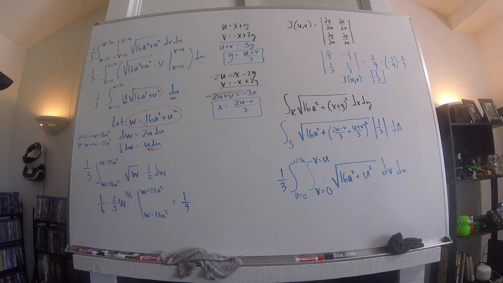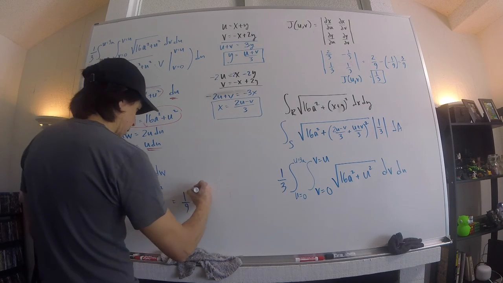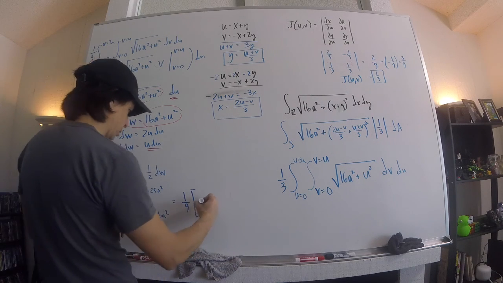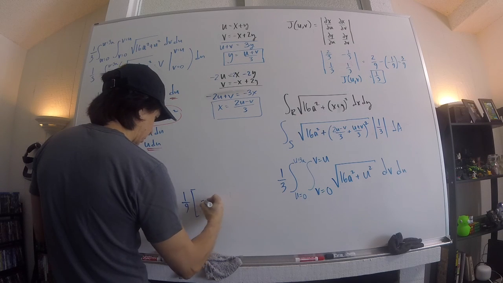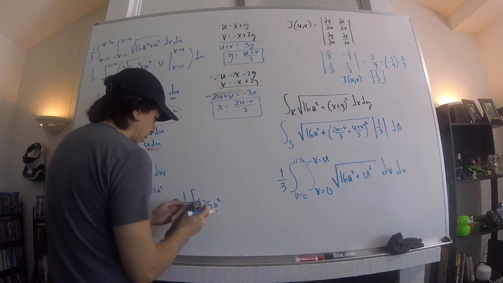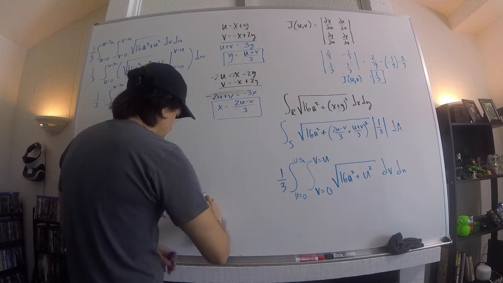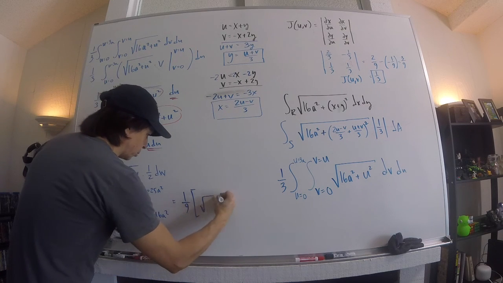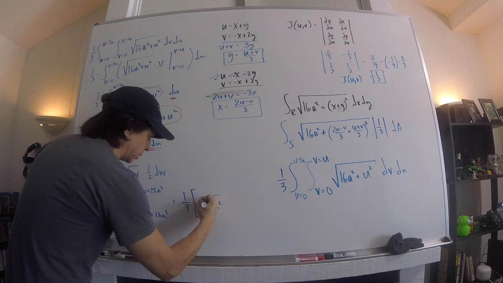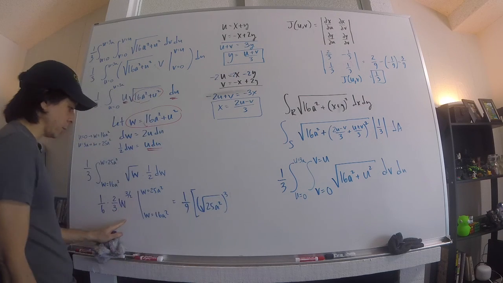Yeah. Okay. And then I'm going to have 25a squared. And then I can write out what I was saying. So again, the 3/2 power, the 2 on the bottom makes it a square root, but then we will have to cube it. Same thing here.